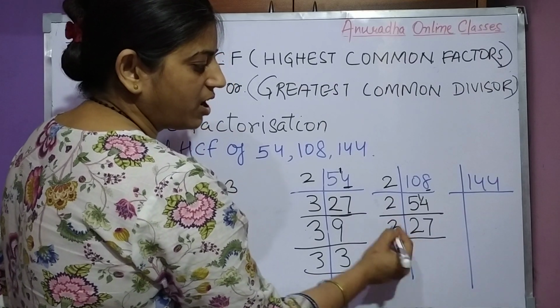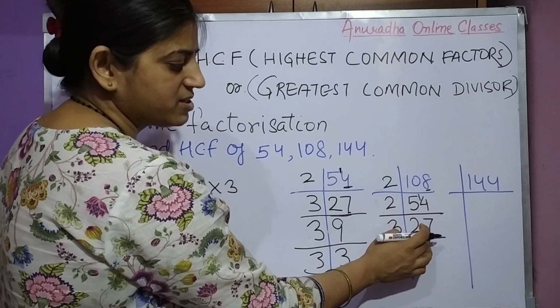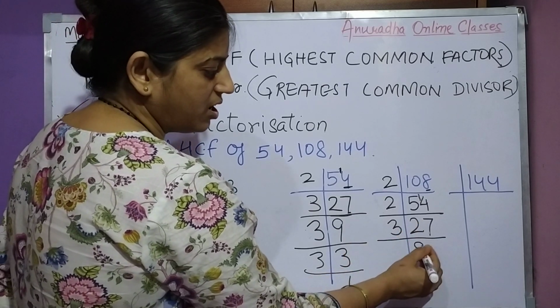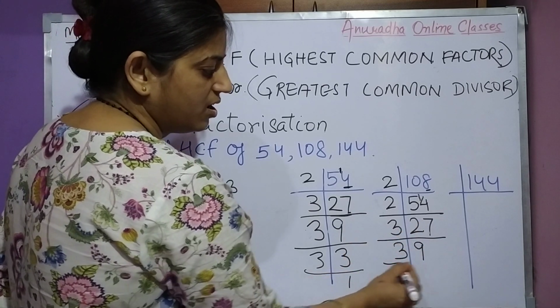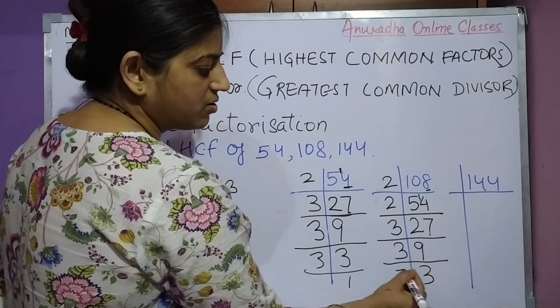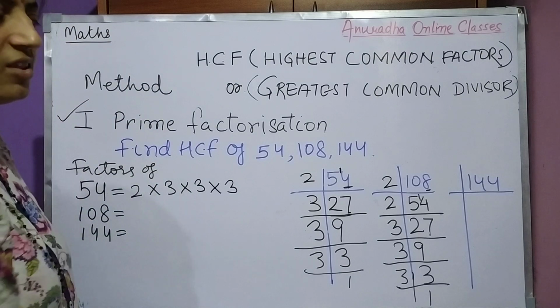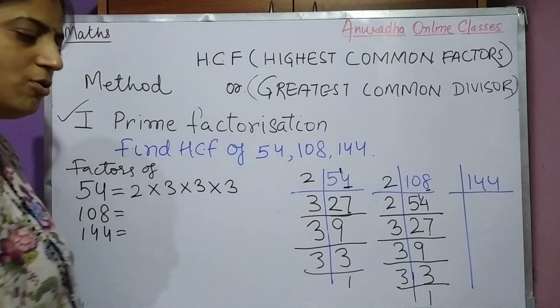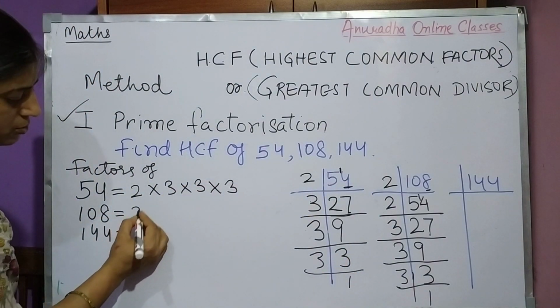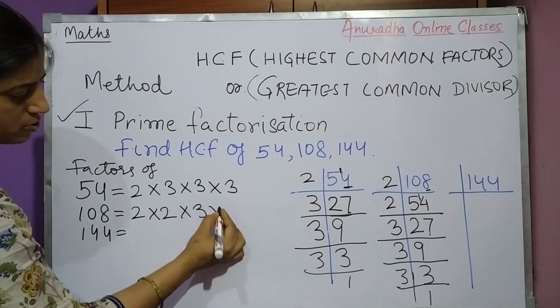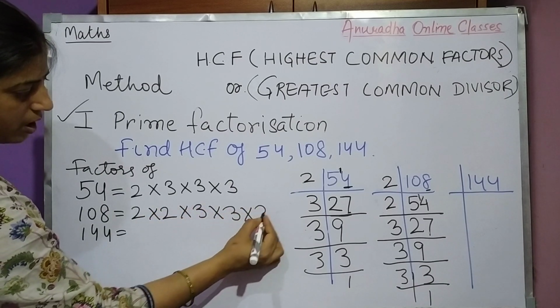Again with 3. 2 से नहीं जाएगा, unit place is 7. 7 plus 2 is 9. 3 से चला जाएगा. 3 9s are 27. Now 3. 3 3s are 9 and 3 1s are 3. So children, I think this is very simple and clear to you. Okay. Now come to this. 2 into 2 into 3 into 3 into 3.